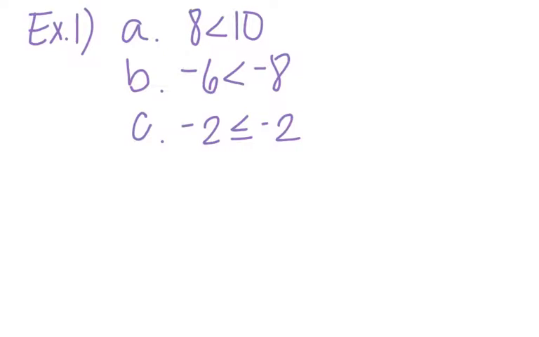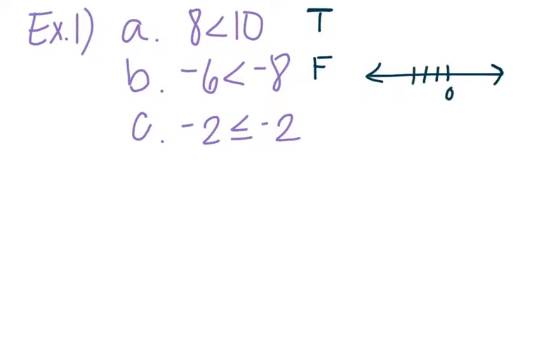8 is less than 10. Is 8 less than 10? Yes, it is. So that is true. For B, we have -6 is less than -8. If we put that on a number line, is -6 further to the left than -8? No, it's not. Okay, so that one would be false because on our number line, we have 0 right here, and so we're going to the left as we go.